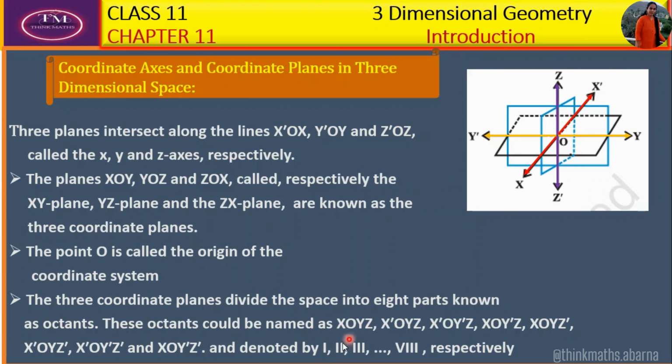X O Y Z means the first octant. X dash O Y Z means the second octant. In the same way, you will get the other octant numbers. This is one important question in this chapter. Clear? Shall we move on to the next one?